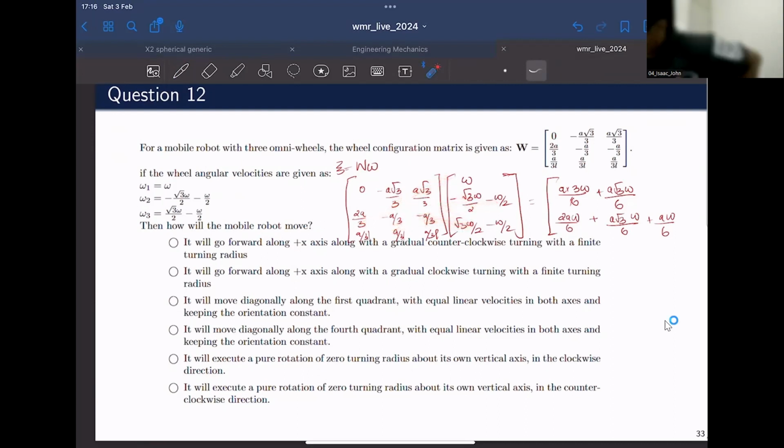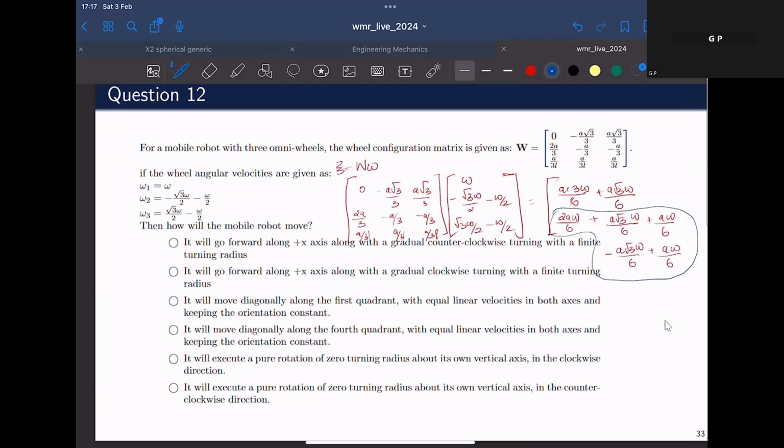Then this term, sorry, we have minus a root 3 omega by 6 plus a omega by 6. Okay, this entirety is the second row.